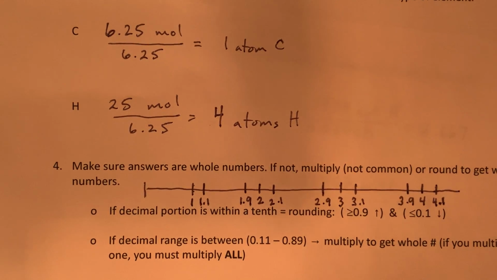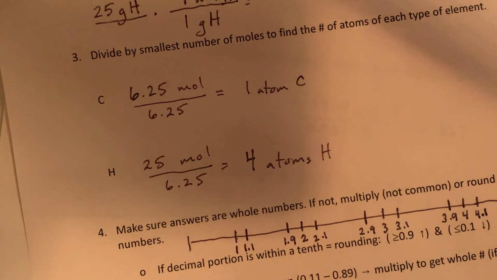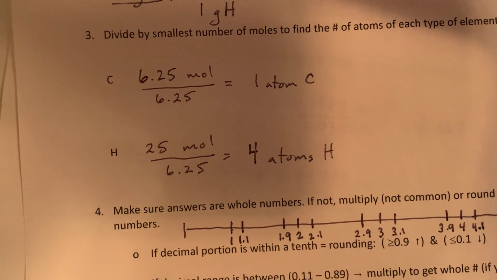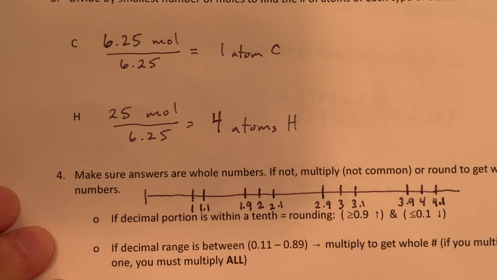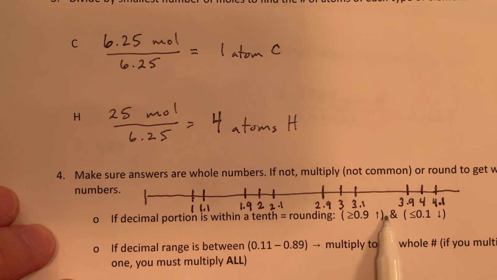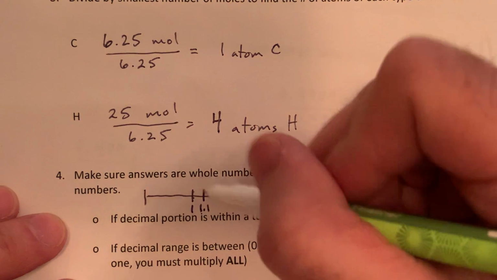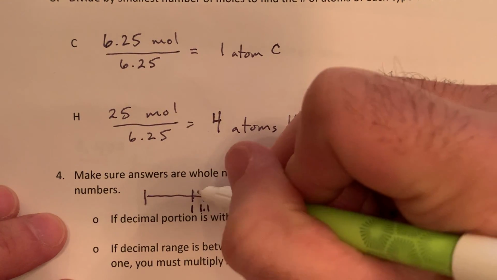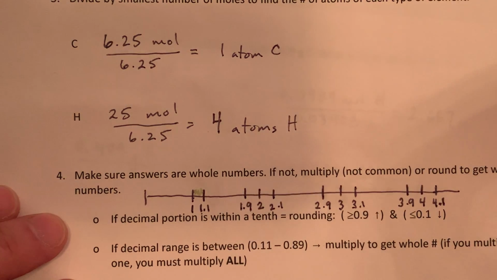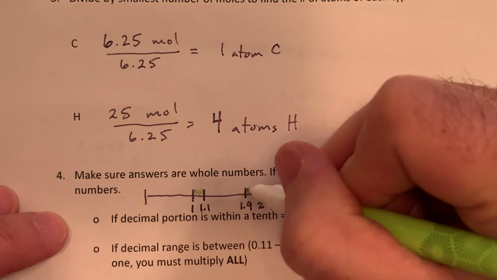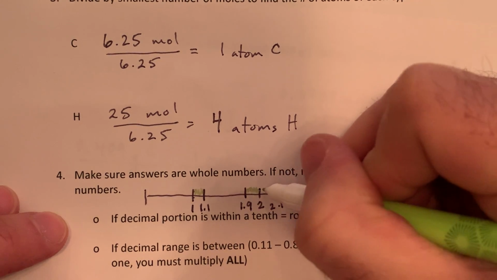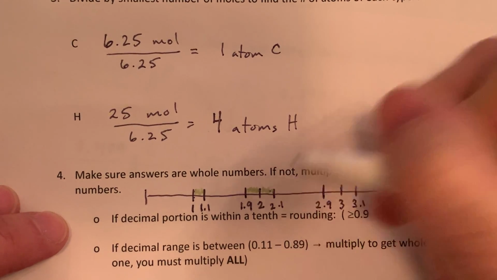If the number is within a tenth of the whole number, so if the decimal portion is greater than 0.9 or less than 0.1, like if it was between 1.9 and 2.1, you would round to 2.